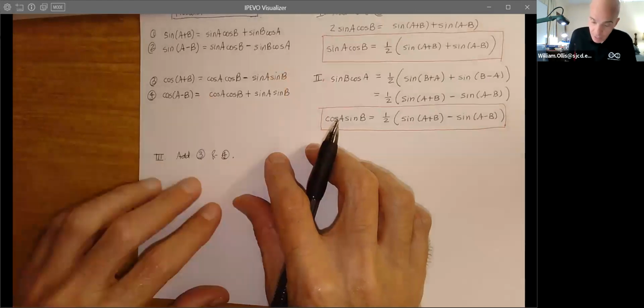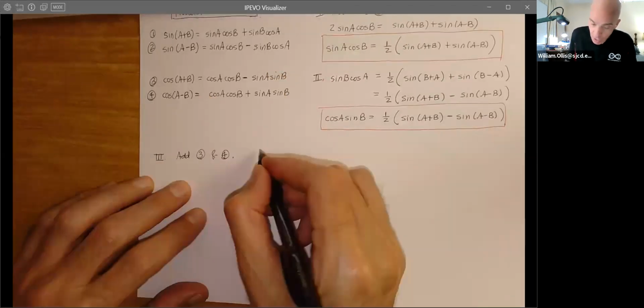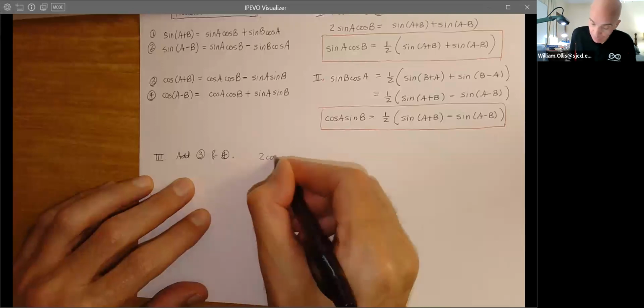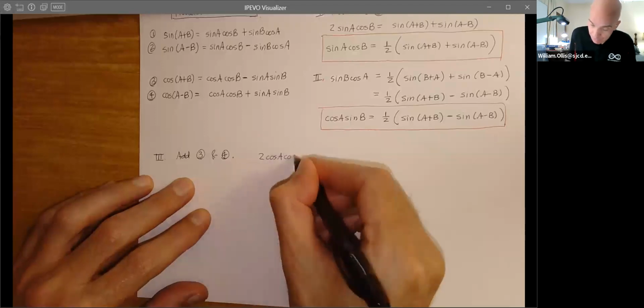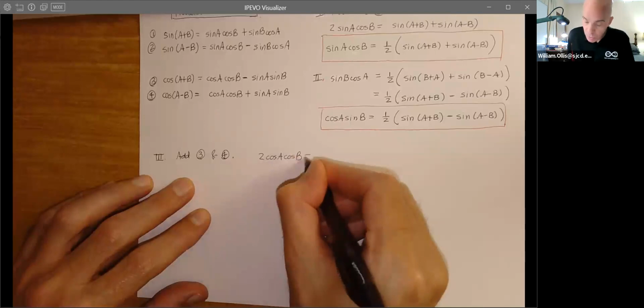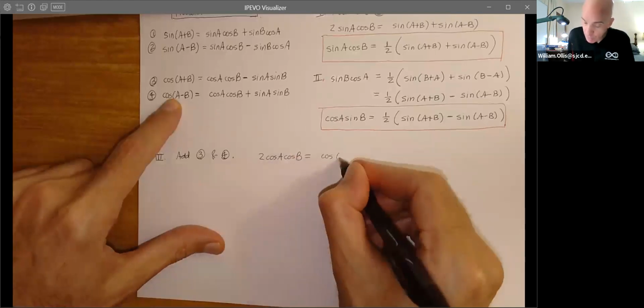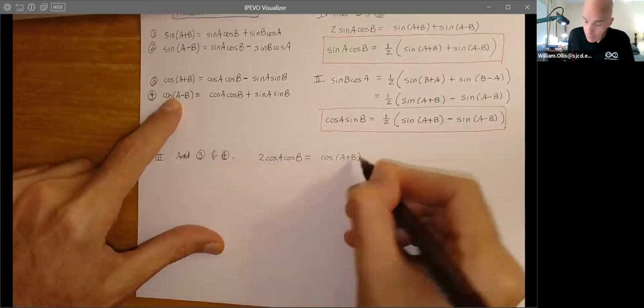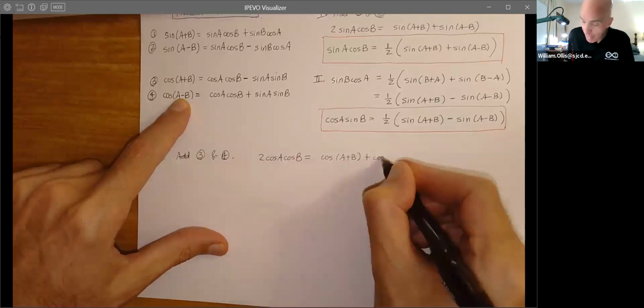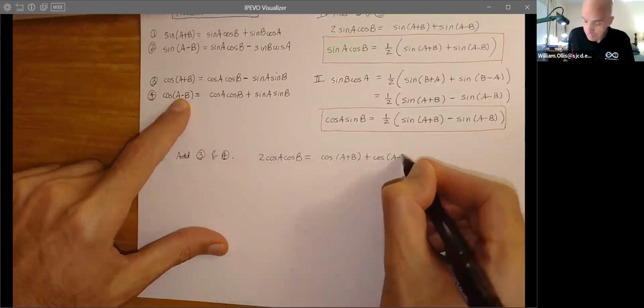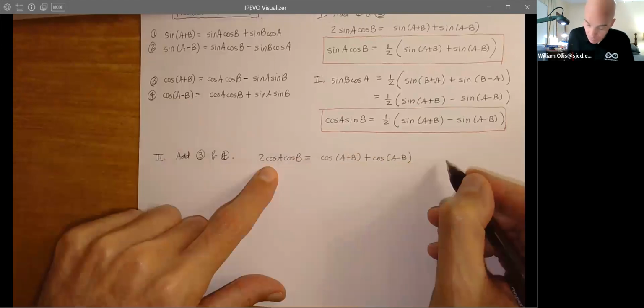So now let's add, notice here, ladies and gentlemen, these will absorb. So this is going to give us 2 copies of cosine A, cosine B, equals cosine A plus B plus cosine A minus B. Now divide by 2.